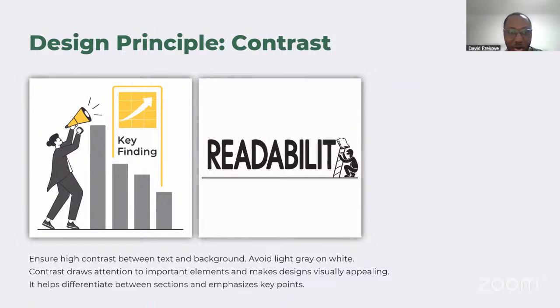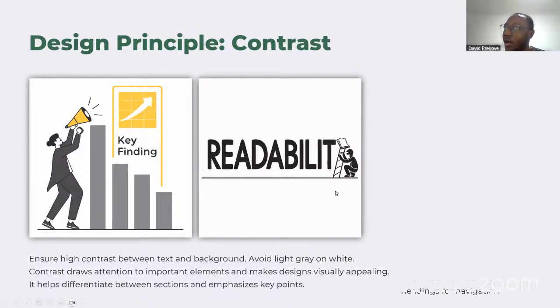Light gray on white does not make sense. From a distance, people will not see whatever the design is all about. Your design should be as readable and understandable as possible. You should be able to differentiate between sections of your design by using high contrasting colors.